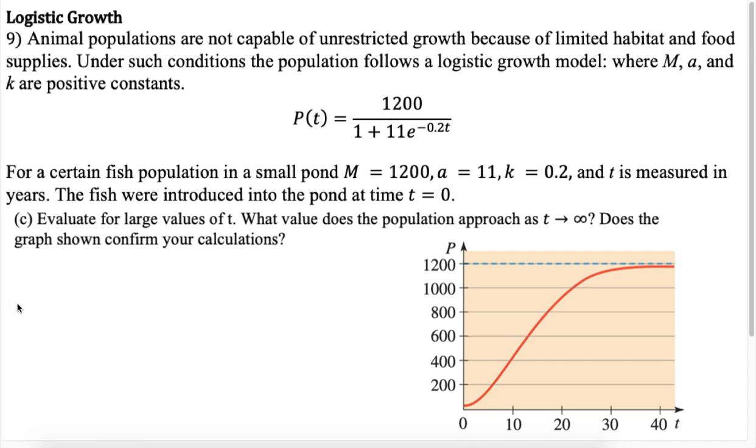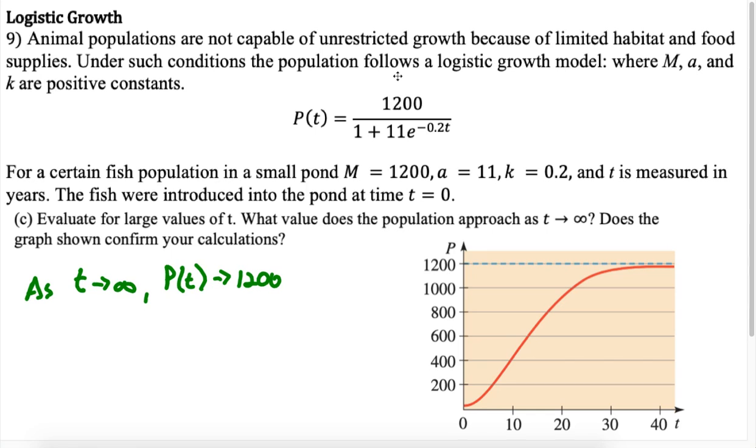Okay. We can first say as t approaches infinity, right? As t, our time value, gets really large, p of t, which is my function, approaches 1,200. Okay.